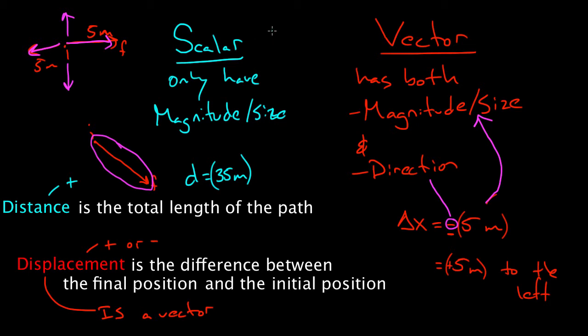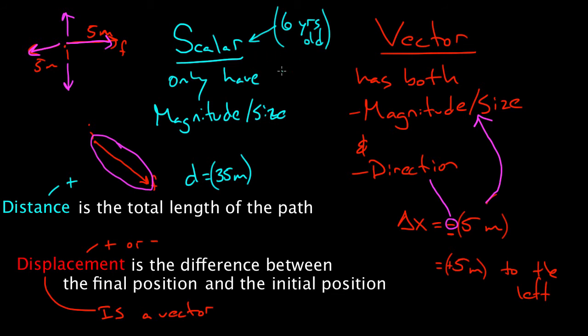Scalar. Why? Because it doesn't have direction. If someone asked how old you are and you said, I'm 6 years old to the left, that would sound stupid because you're just 6 years old. That's a scalar, no direction.